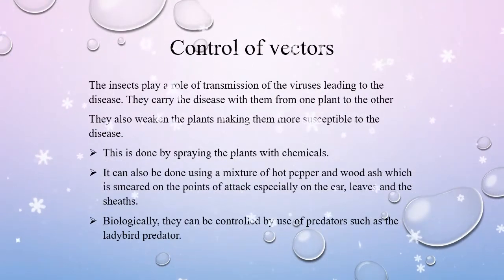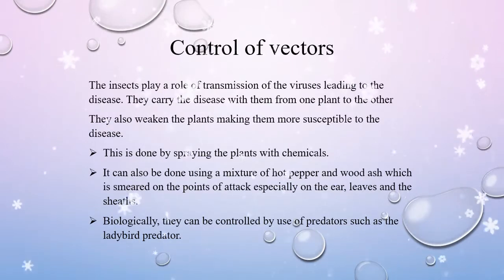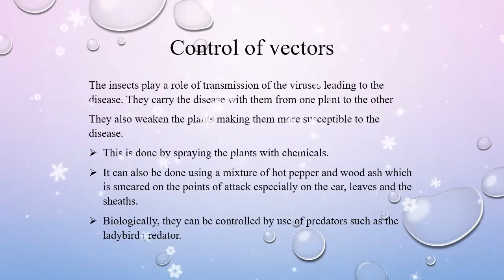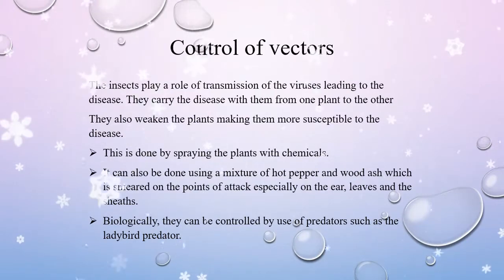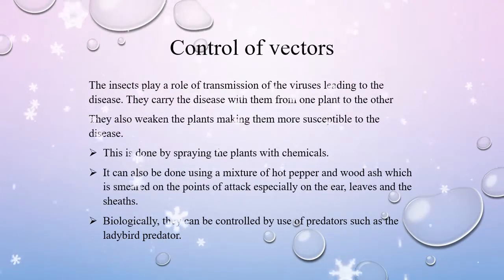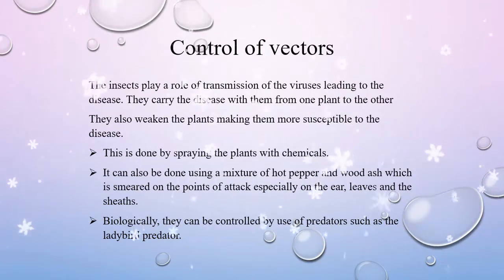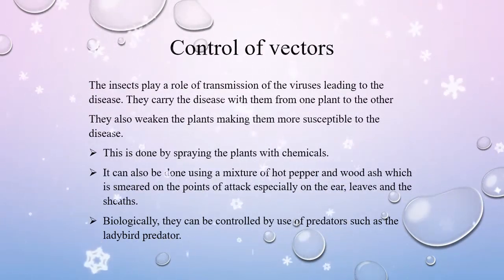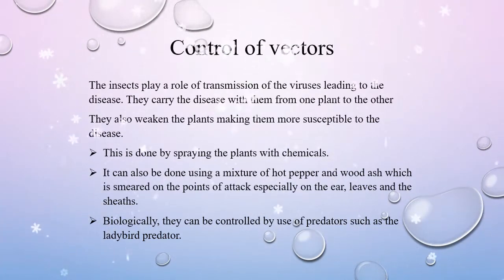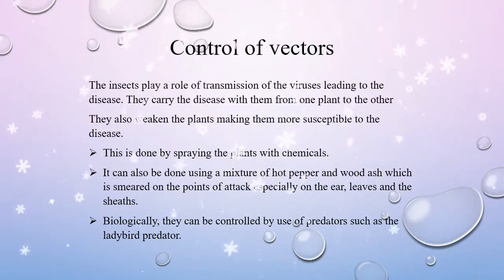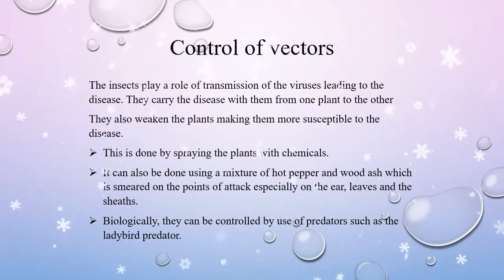Okay, number one, we will talk about the control of vectors. Insects play a very vital role in the transmission of the virus, leading to the disease. These vectors include the aphids. They also weaken the plants, making them more susceptible to the disease. Control is done through various methods.